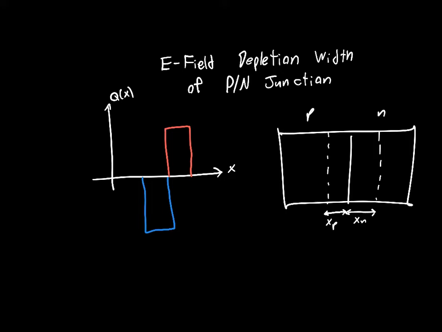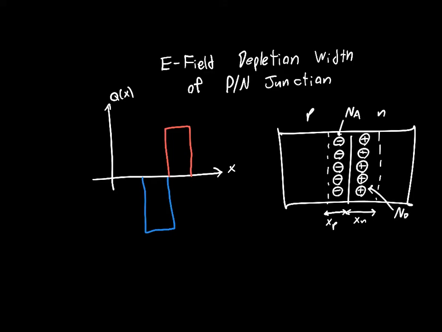We know that the concentration of acceptor atoms on the p side is just Na, or the acceptor dopant concentration, and on the n side, we know that the donor concentration is just Nd.